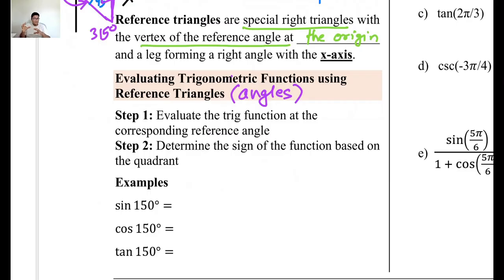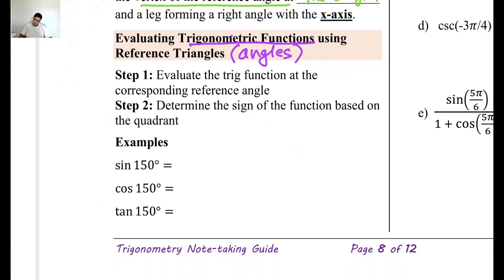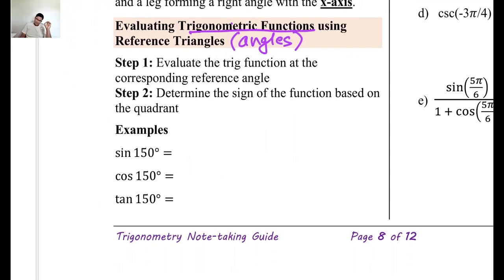So this concept of reference angles and reference triangles will be used to evaluate the trigonometric functions at any angle. Okay, here is the process. Evaluate the trig function at the corresponding reference angle. See, that is the beauty, that is the utility of the reference angle. Reference angle is between 0 and 90 degree, right?